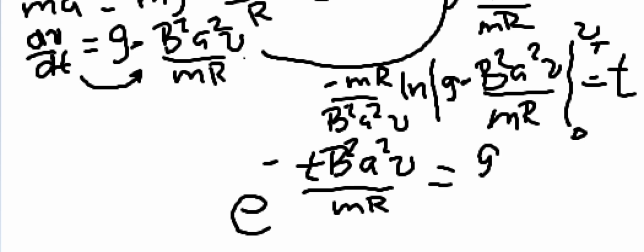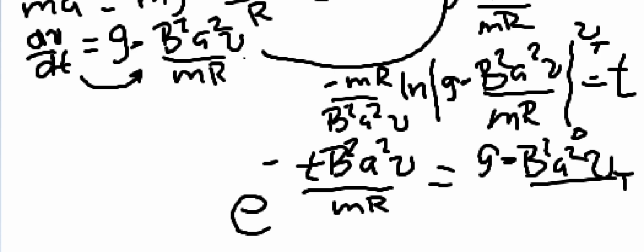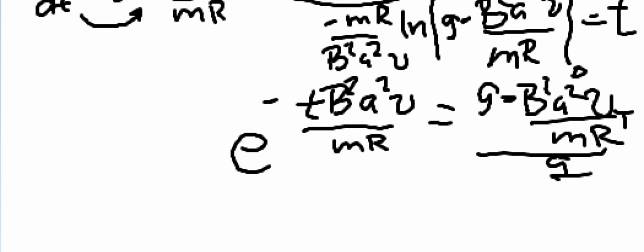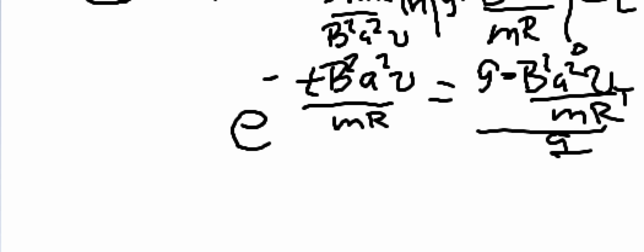This is going to be g minus B squared a squared vt over mR, divided by g once again. That's after you integrate, and I really cannot show the steps right now. It's disgusting. Now we will just divide and isolate vt.